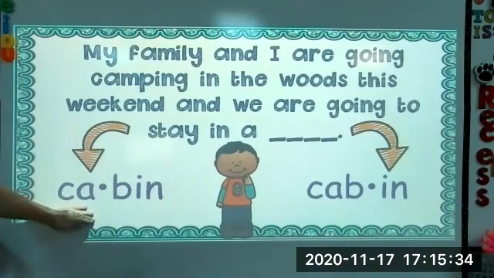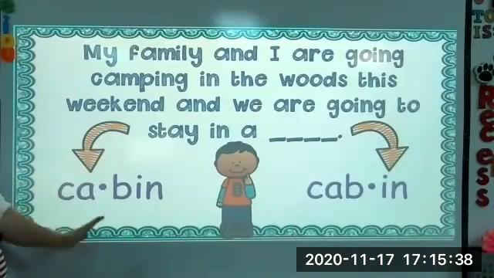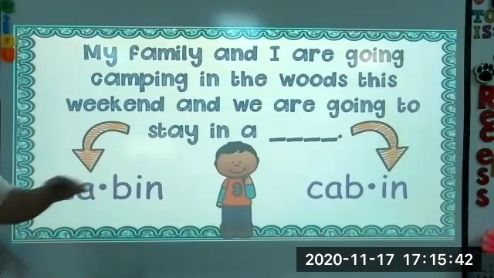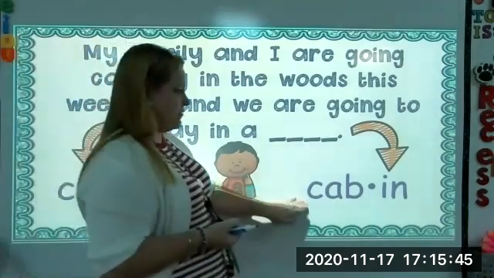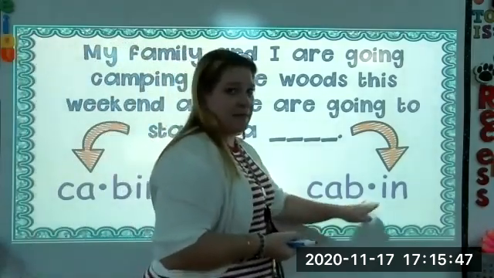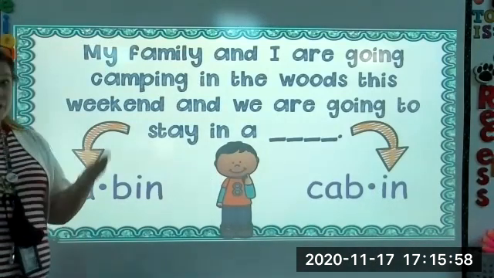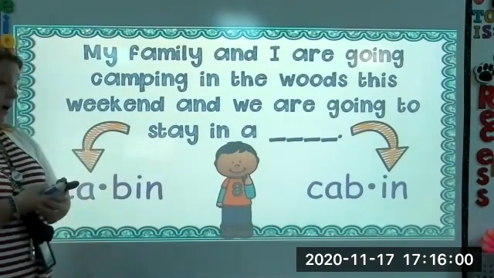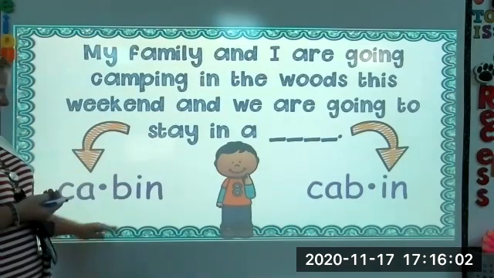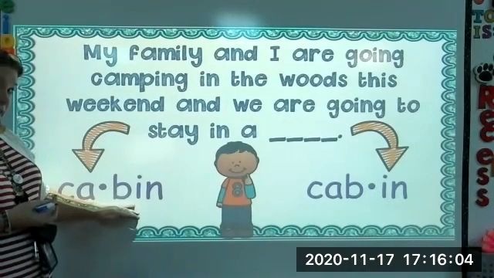So in the first choice, we broke it after the A, cabin. Okay? And in the second one, we broke it after the B, cabin. Which pronunciation makes sense? Now, I know we literally just talked about breaking it after the A if a consonant comes after it.